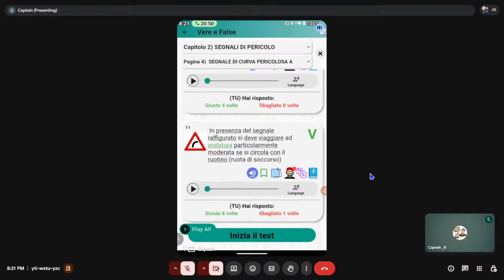Now, listen. In the presence of this sign, si deve viaggiare means to travel, andatura also means adequate, also particularly moderate. Se si circola, now if you are circulating, con il ruotino, meaning spare tire, also known as ruota di soccorso, meaning emergency tire.